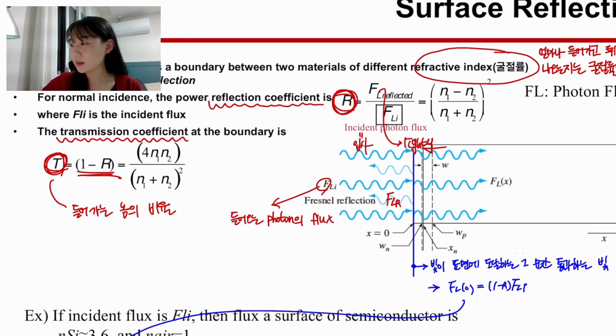We can see the reflection coefficient is this equation, and of course the transmission coefficient is 1 minus the reflection coefficient, because the total of reflection and transmission is 1.